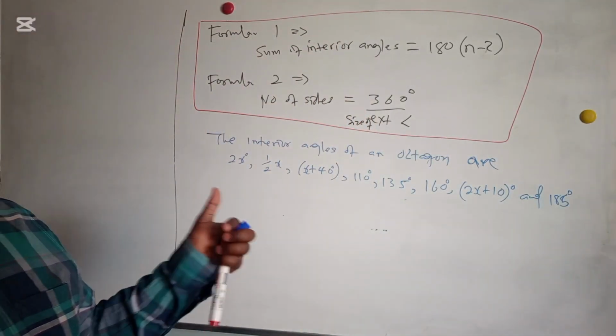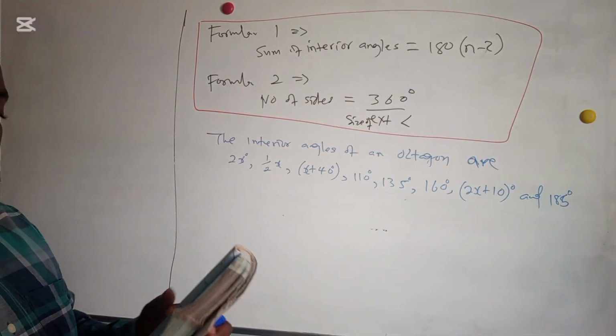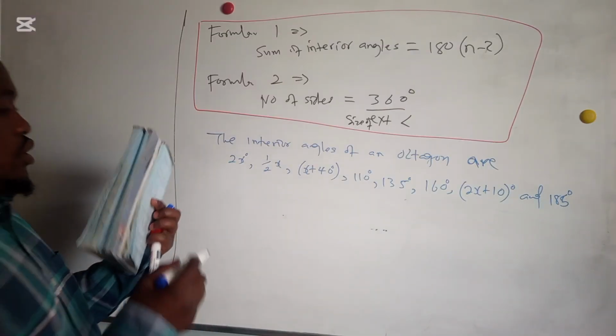So these are the sizes of interior angles of an octagon.